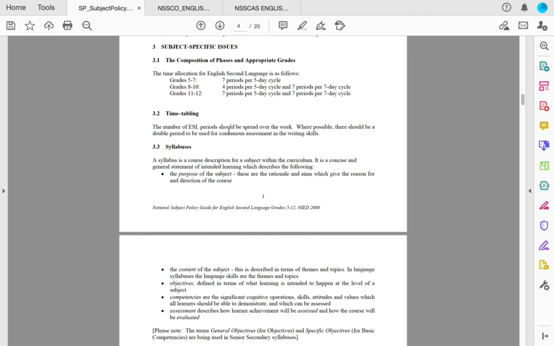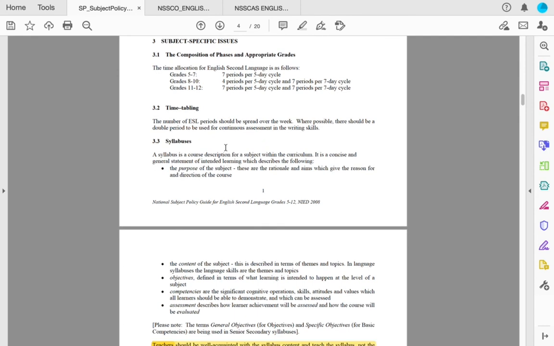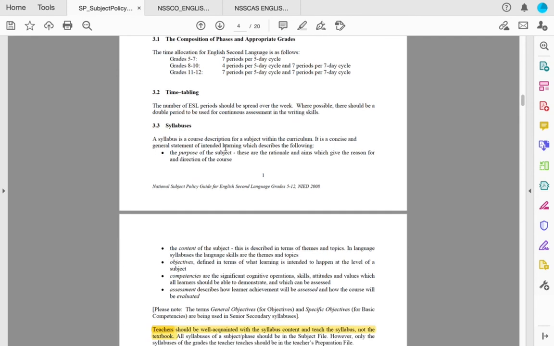But the timetabling again has an aspect of internal influence, where the schools themselves have to decide on how they're going to set up their timetable. There is no cookie cutter structure that everybody should follow, but the schools would decide on how to set up the timetable.